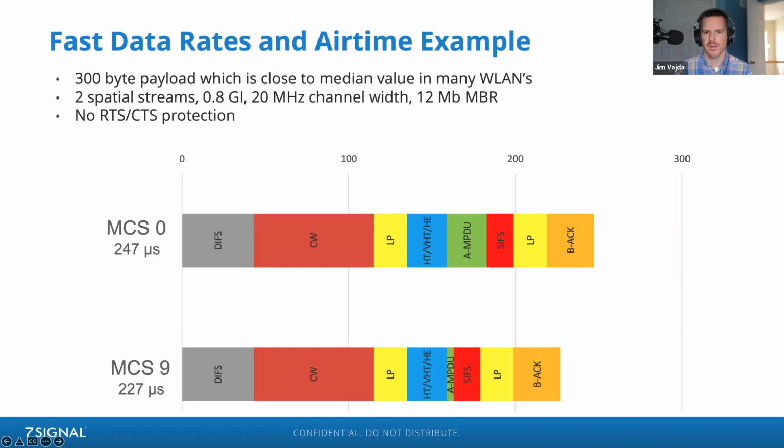Studies have been done that have shown that the large majority of the packets that are sent back and forth in Wi-Fi networks are small packets. You can think of DNS requests, extremely small, ARP traffic, DHCP.